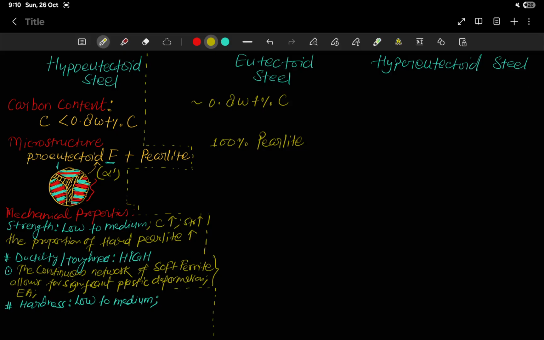Now let's try to draw the microstructure for eutectoid steel, which we have learned in our earlier class. Let me draw it properly. We will get alternate layers of ferrite and cementite.